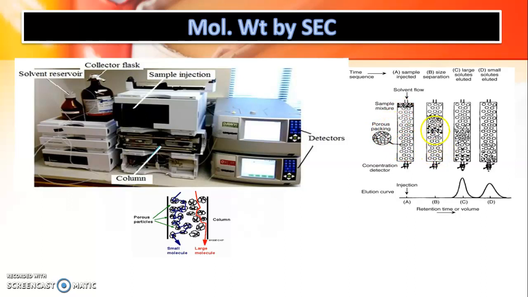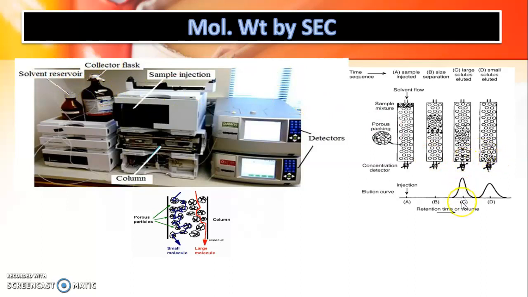Okay, and then B is the size separation. The bigger one is the larger molecule, and the smaller is the small molecule. The bigger molecule will be eluted first, coming out first from the column. The solvent together with the sample, after being detected, will be collected in the collector flask in the form of liquid.